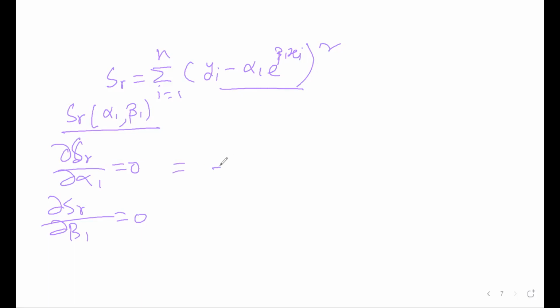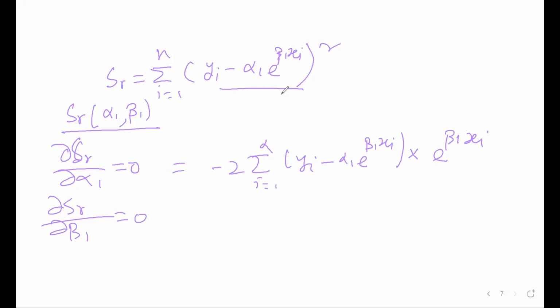That will be equal to, like your previous case, minus 2 sum i equal to 1 to n of yi minus alpha 1 e to the power beta 1 xi, multiplied by e to the power beta 1 xi, isn't it? Is this clear to everyone?